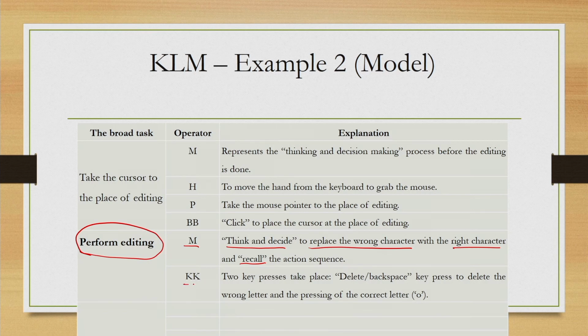Then this is followed by 2 Ks, one K is for deleting the wrong character and the second K is for inputting the correct character. So, then the perform editing task can be represented by the operator sequence M, K, K.